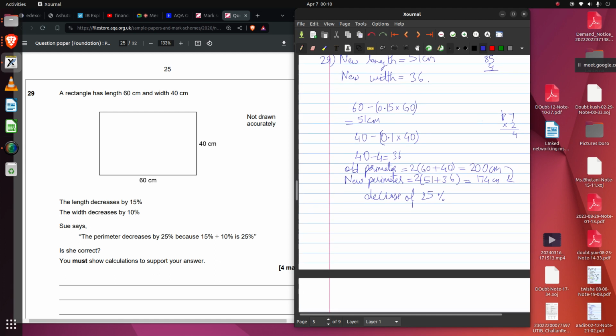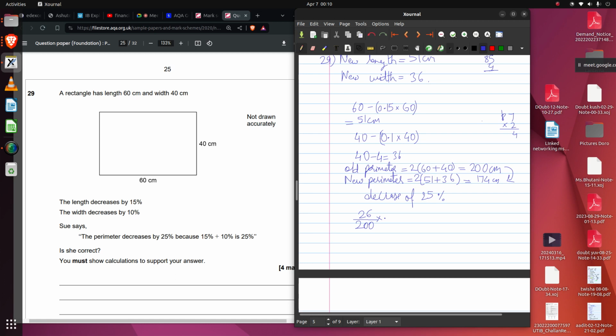So do you want to calculate how much is the decrease in the perimeter? I just did 200 minus 174. 26. 26 divided by what? Divided by the old perimeter. Whenever you are calculating the percentage change in perimeter, area, weight, height, whatever it is, it's always like that only.